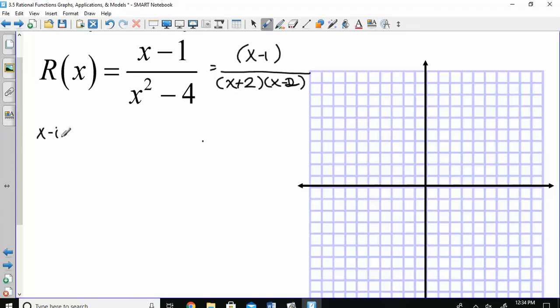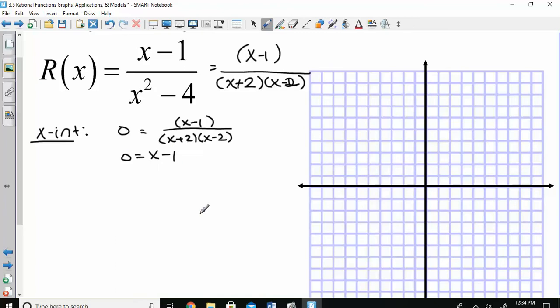Now let me ask you a question. To find an x-intercept, what do we do? Plug 0 in for y. Okay, so if I set this whole fraction equal to 0, what would you do to get rid of the fraction? Multiply by the denominator. And what's 0 times the denominator? 0.